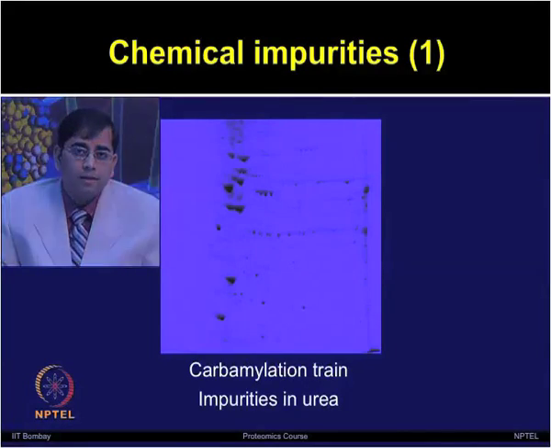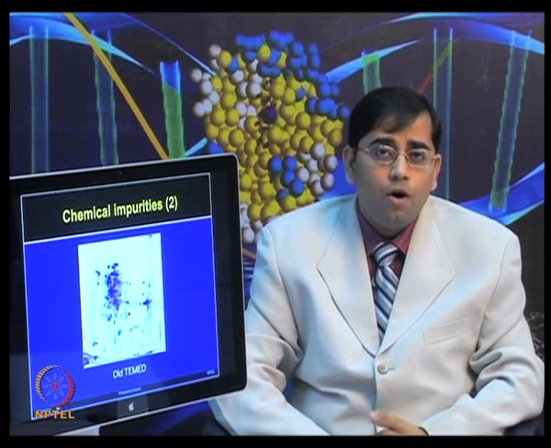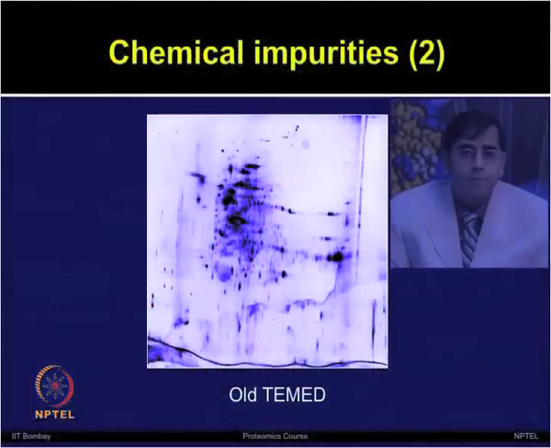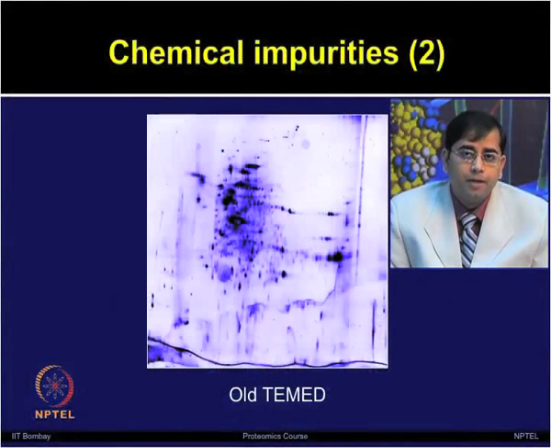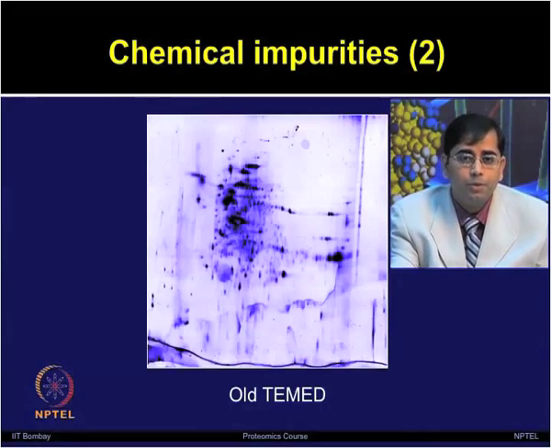If the TEMED is very old, and a very small amount of TEMED is used in making the second dimension SDS-PAGE gel, people often use that bottle for a very long time, and if the TEMED is very old, you can see a bad pattern on the gel, similar to what is shown in this image.